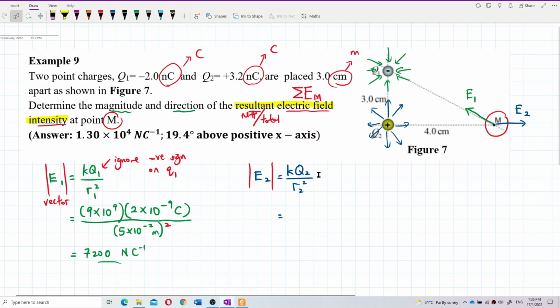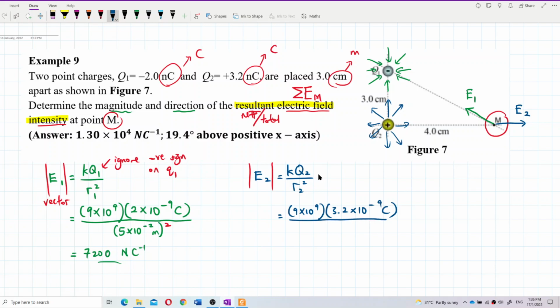Now let's calculate. K is 9 exponent 9. Q2 is 3.2 exponent -9 coulomb, and then divided by how far it is from point M: 4 centimeter. You change to meter.